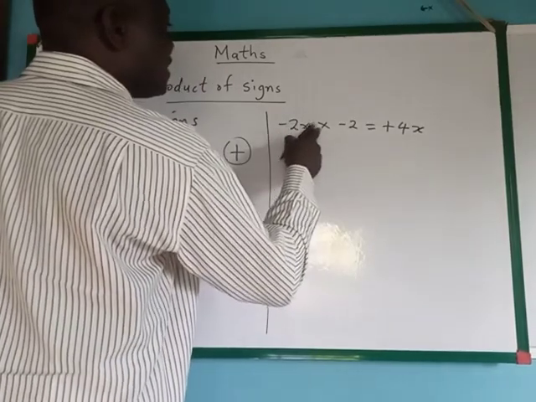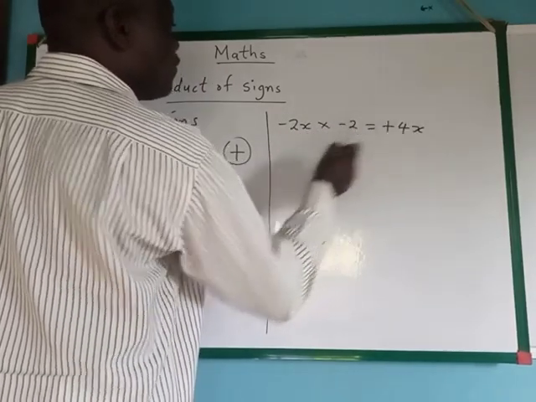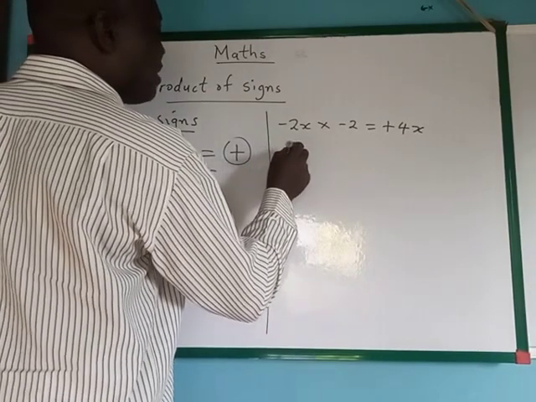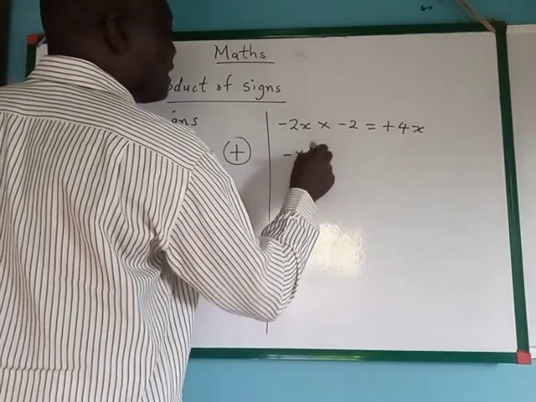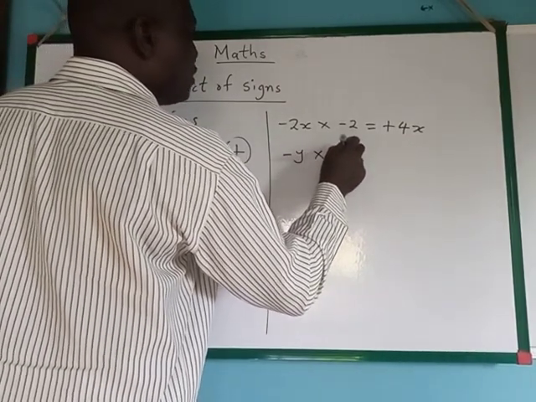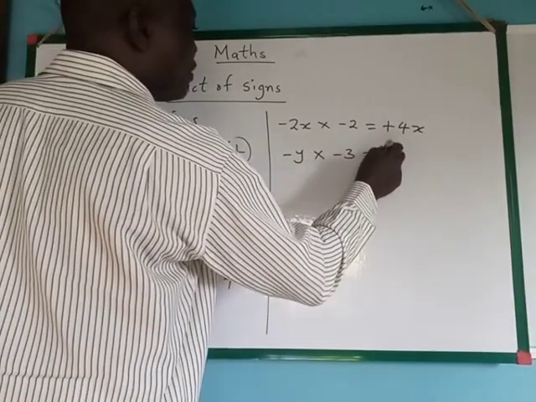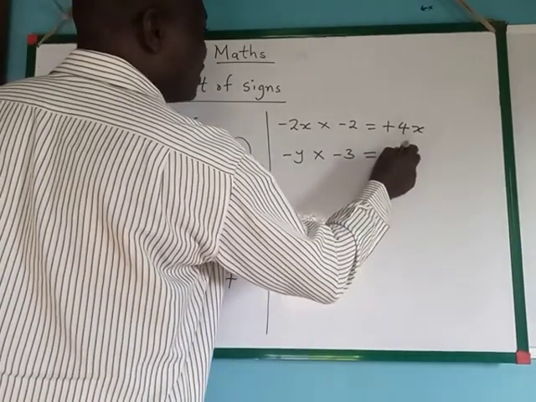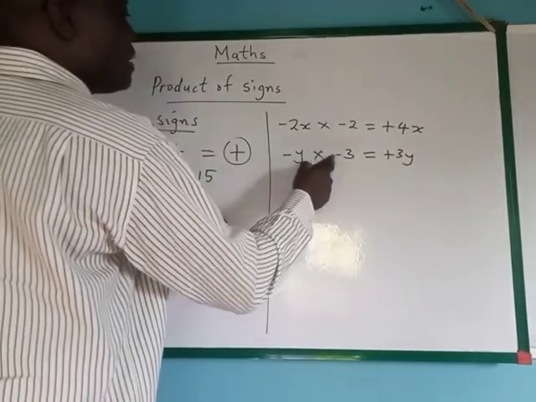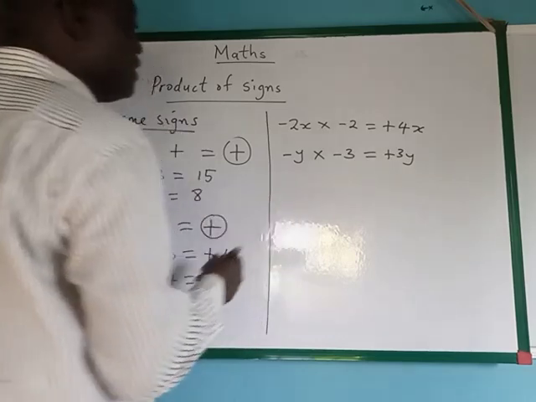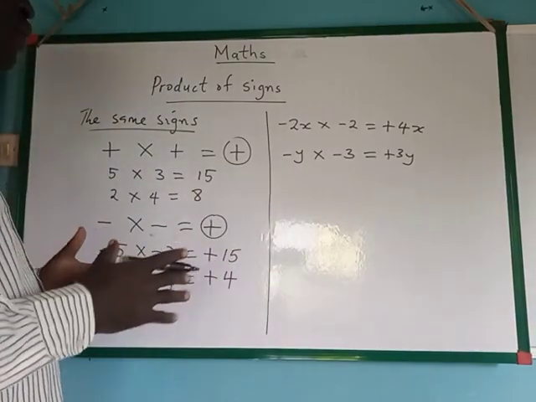So minus 2x times minus 2 becomes plus 4x. So if I have minus y times minus 3, minus times minus becomes plus. 3 times y becomes 3y. So minus y times minus 3 becomes plus 3y. So you see the manipulation.